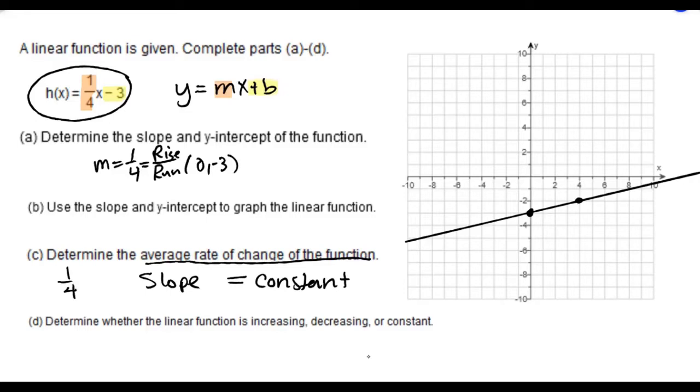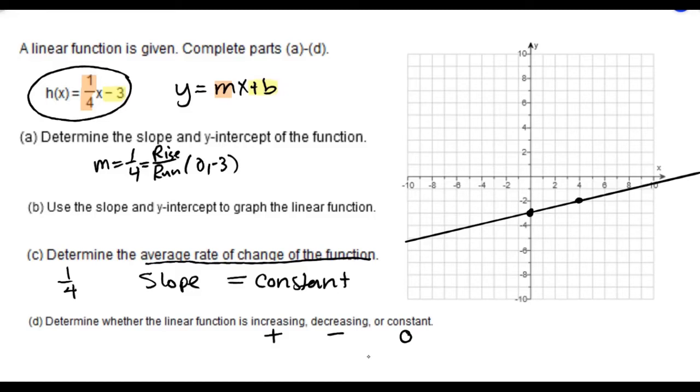Now, using that average rate of change, or the slope, we can determine whether the linear function is increasing, decreasing, or constant. For any linear function that is increasing, it will have a positive slope, decreasing will have a negative slope, and constant will have a slope of 0.